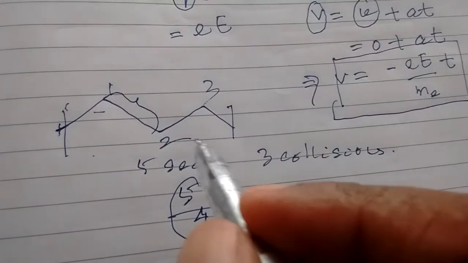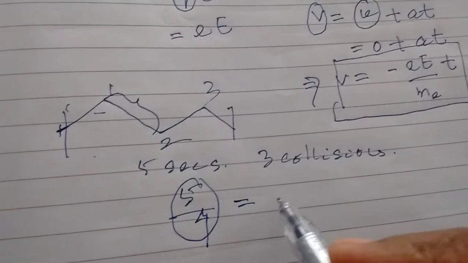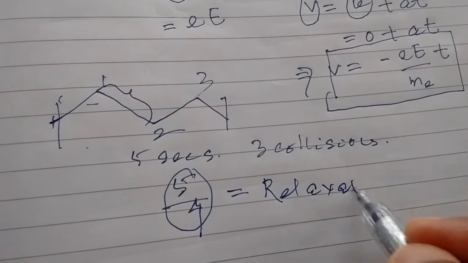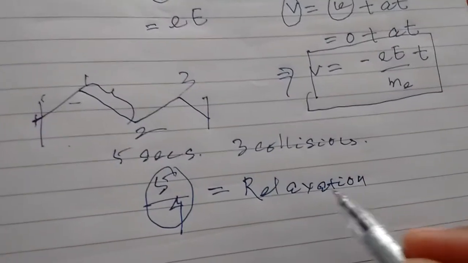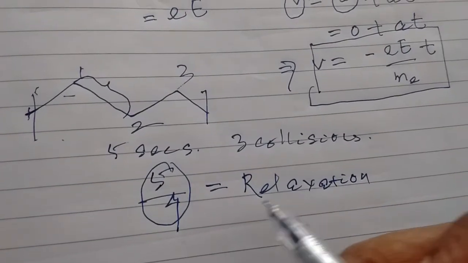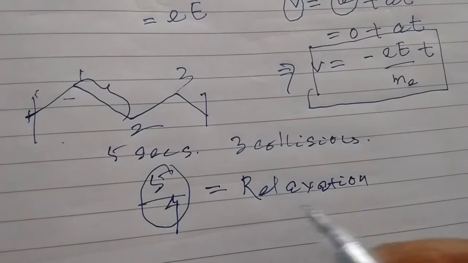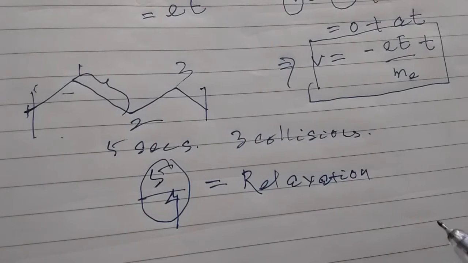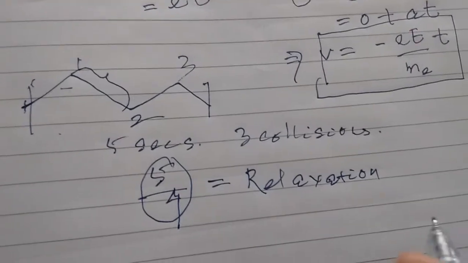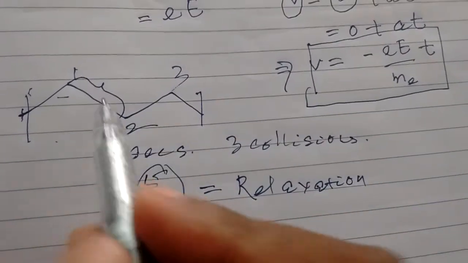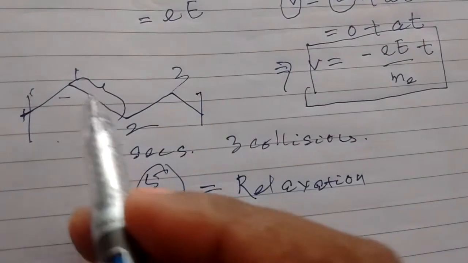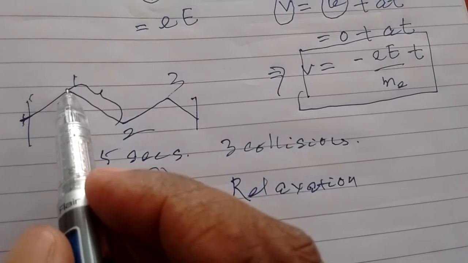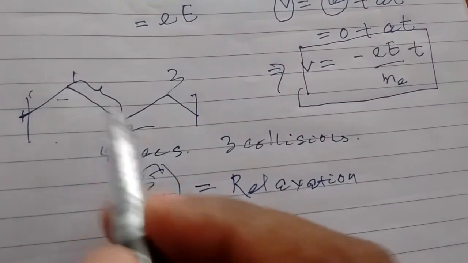It is also called relaxation time. Relaxation in the sense that during this interval the electron moves freely. It does not suffer any obstruction. Now that means whatever velocity it acquires, it acquires only when it is moving between two successive collisions.